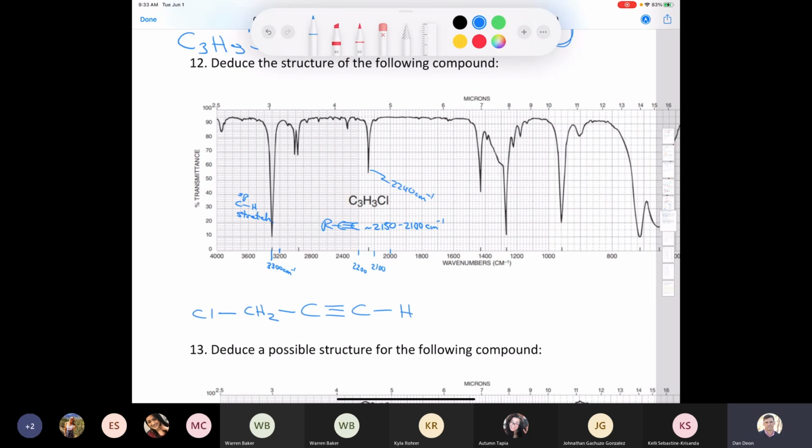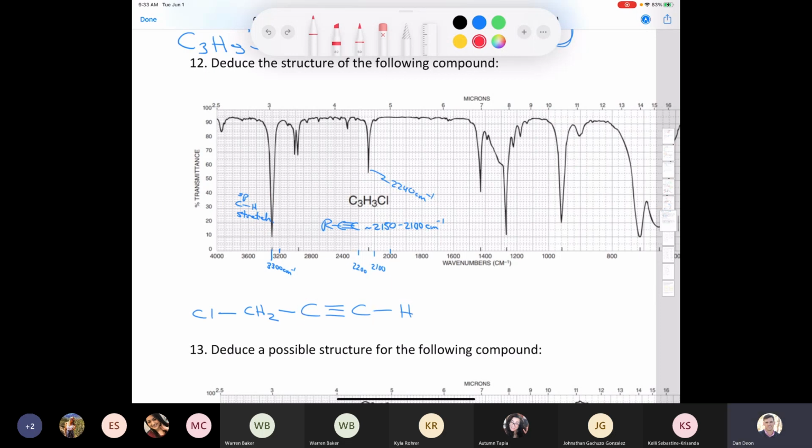So this would be the molecule, 3-chloropropyne. Again, we have the absorbance for the sp hybridized carbon-hydrogen stretch, and the absorbance for the carbon-carbon triple bond right there.